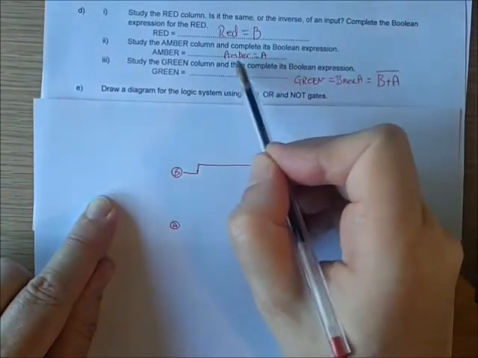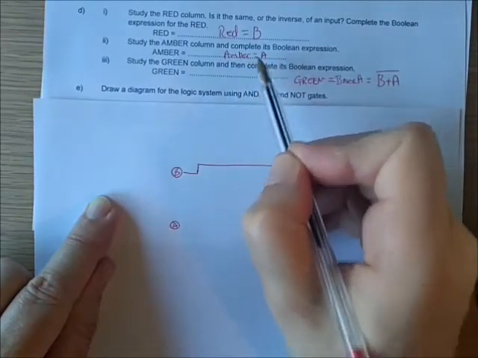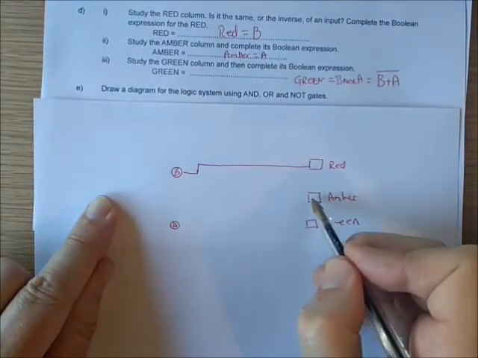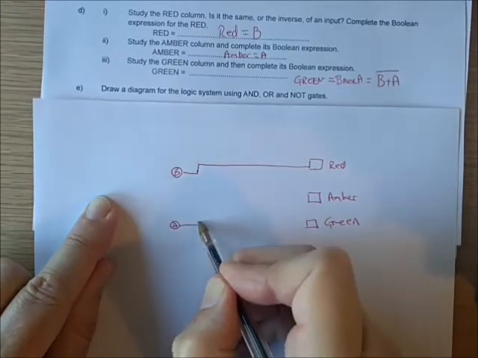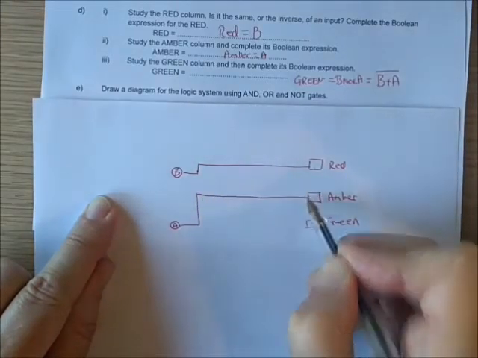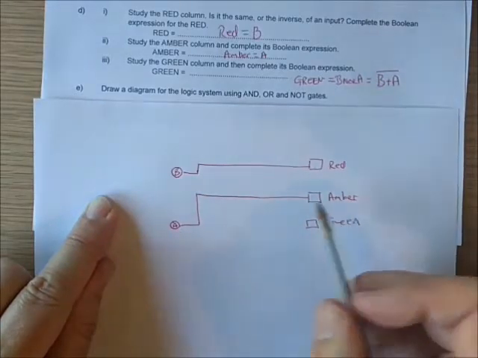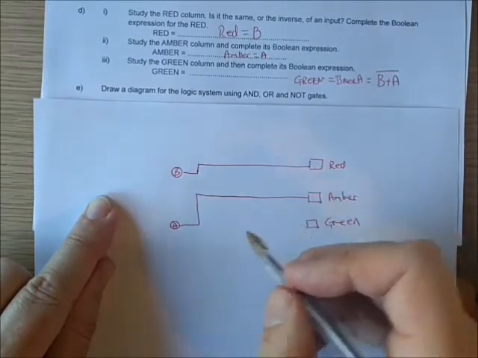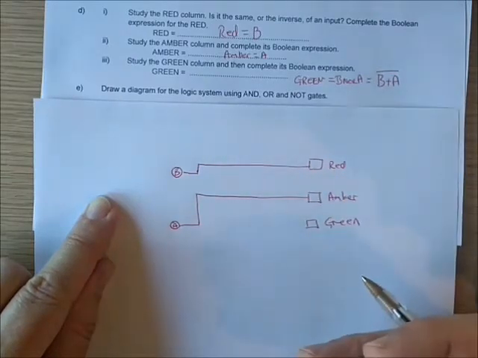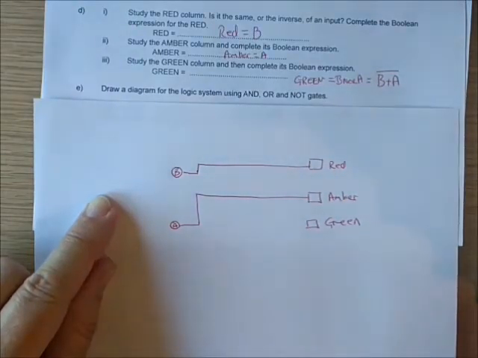Amber is connected directly to A. So to get the amber output correct, I'm just going to connect it directly to A, like that. I'm trying to keep straight lines. I know I'm drawing it roughly, but try and keep straight lines rather than using diagonals, because that's how you normally do a circuit diagram.